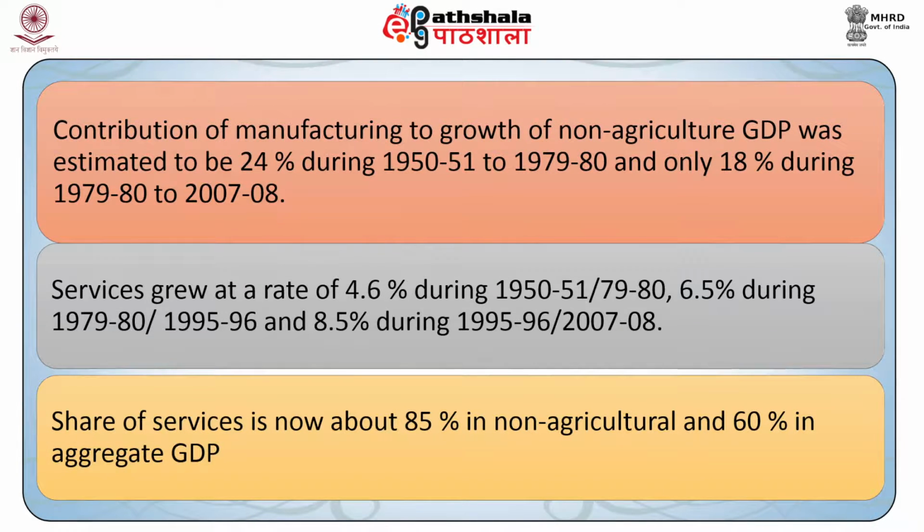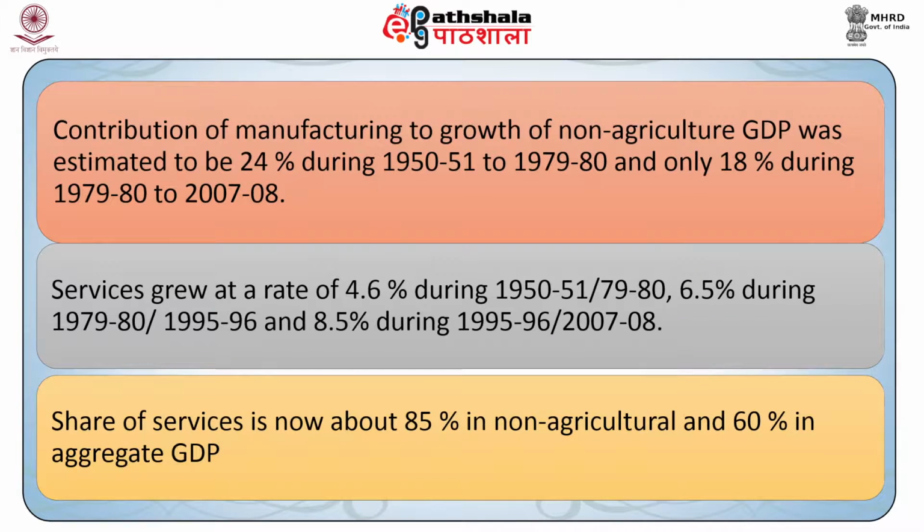Acceleration in the services growth occurred since the 1980s. In aggregate, services grew at a rate of 4.6% during 1951 to 1979-80, 6.5% during 1979-80 to 1995-96, and 8.5% during 1995-96 to 2007-8.